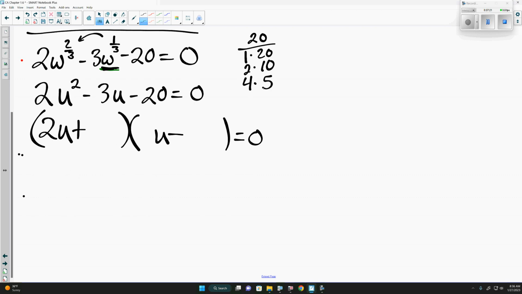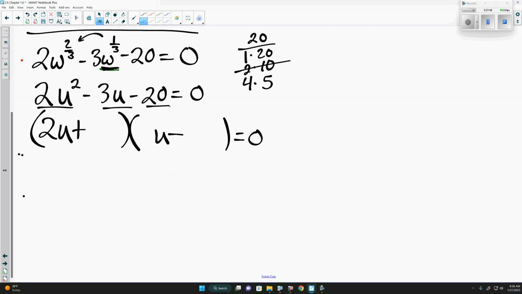Now out of all these here, 2 and 10, I'm going to just take off the list. Because no matter how I put 2 and 10, if I put the 2 with the 2, we have a greatest common factor of 2. If I put the 10 with the 2, we still have a greatest common factor of 2. And if I look back at this one before it, 2u squared minus 3u minus 20, there is no greatest common factor. So 2 and 10, we can take it off the list to begin with.